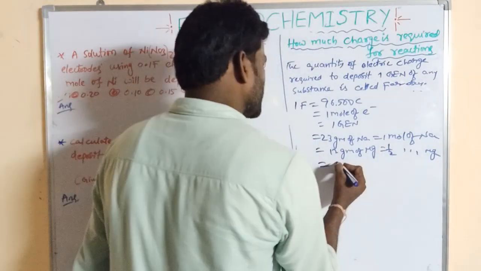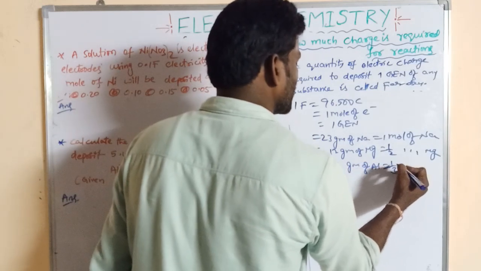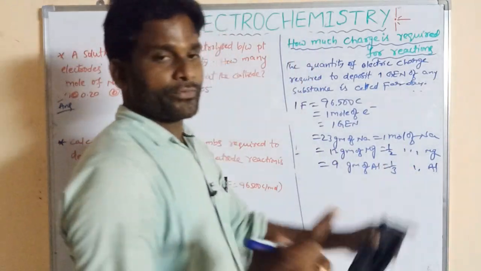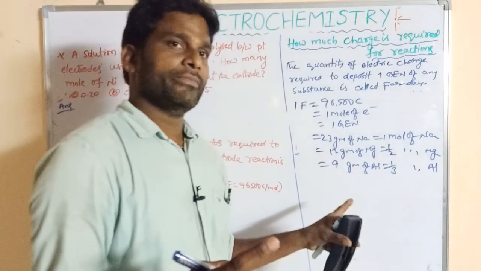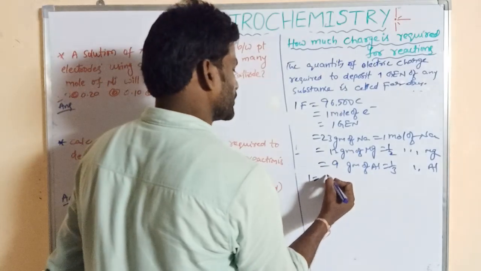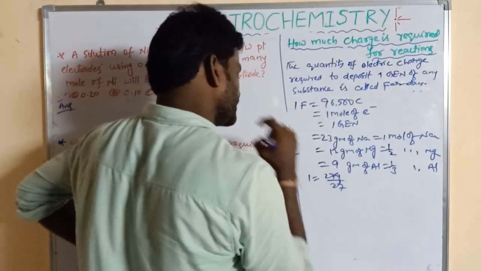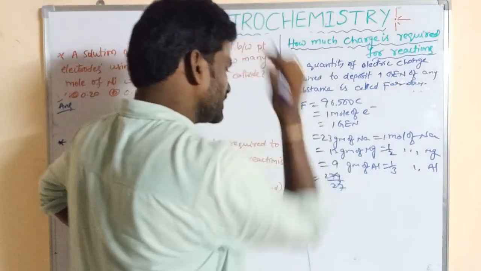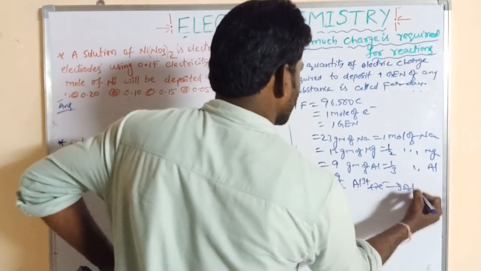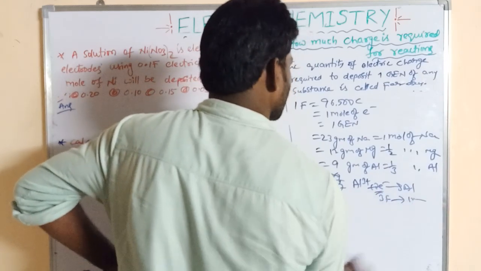Similarly, 9 gram of Al is equal to 1 by 3 mole of Al. How? What is the molecular weight of aluminum? 27. So its number of moles is weight 27 gram by gram molecular weight also 27, so 1. But Al3+ gains 3 electrons to give Al. Here 3 Faraday requires 1 mole of Al.